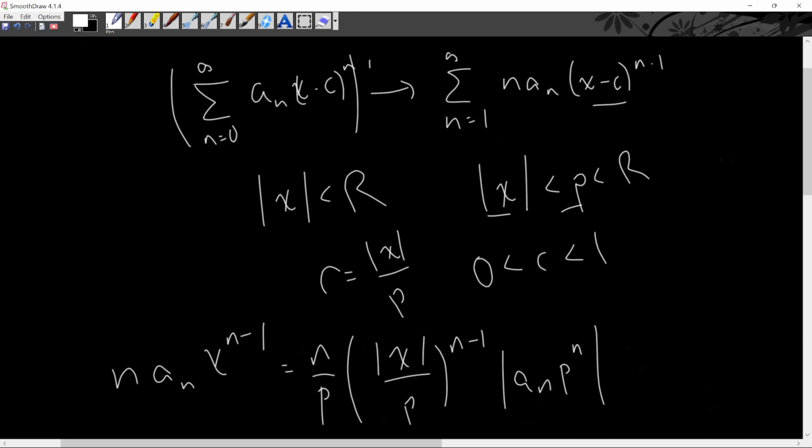If this is r, some common ratio in this geometric series, then we can just plug r in for the absolute value of x over p, and since c is equal to 0, we can say that's true.